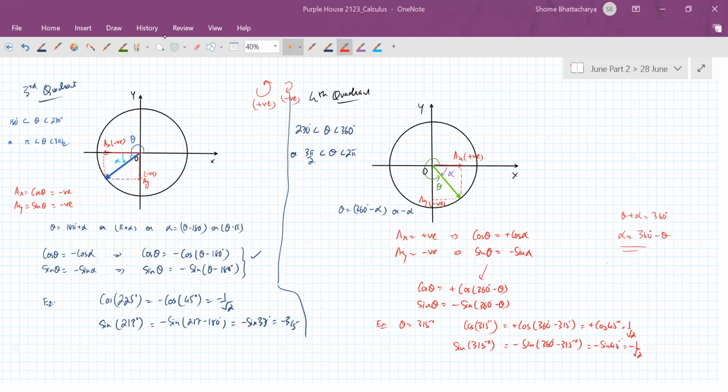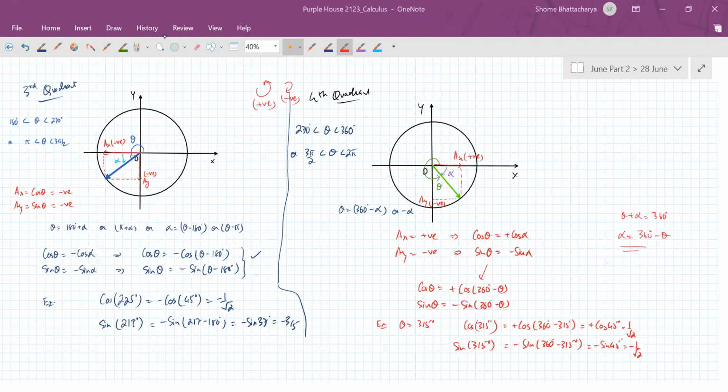Sir, in the end where you have written sine 315 degree, if we do it as sine of 360 degree minus 45 degree, then it will be the same, right? Yes. 315 is 360 minus 45, no? Yeah, so in that way, if we write, then it would be correct only, right?